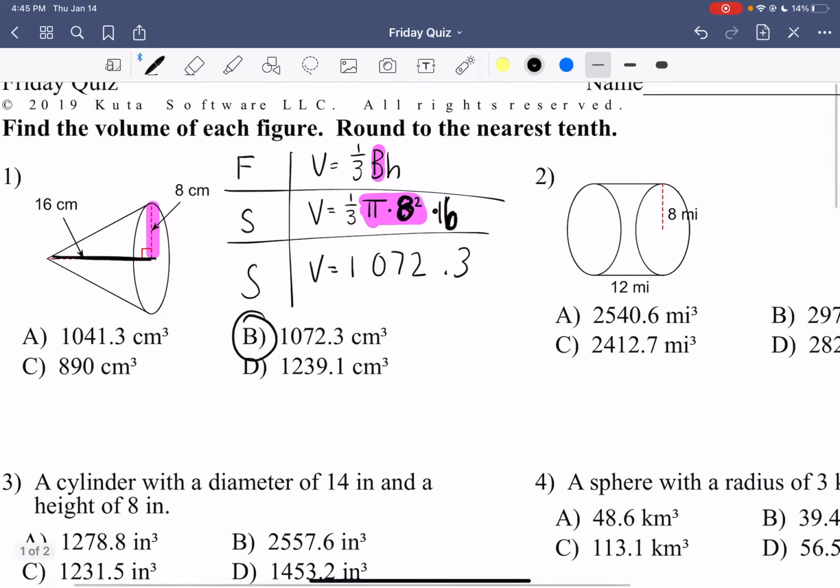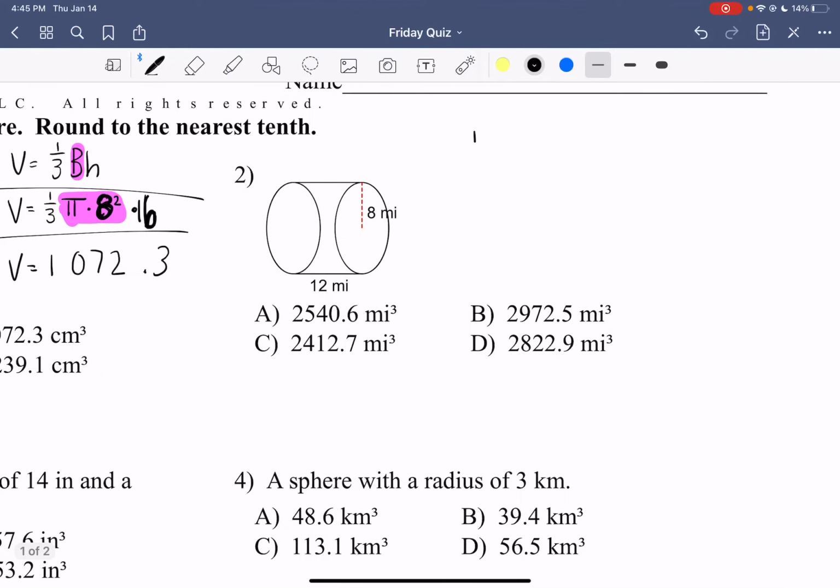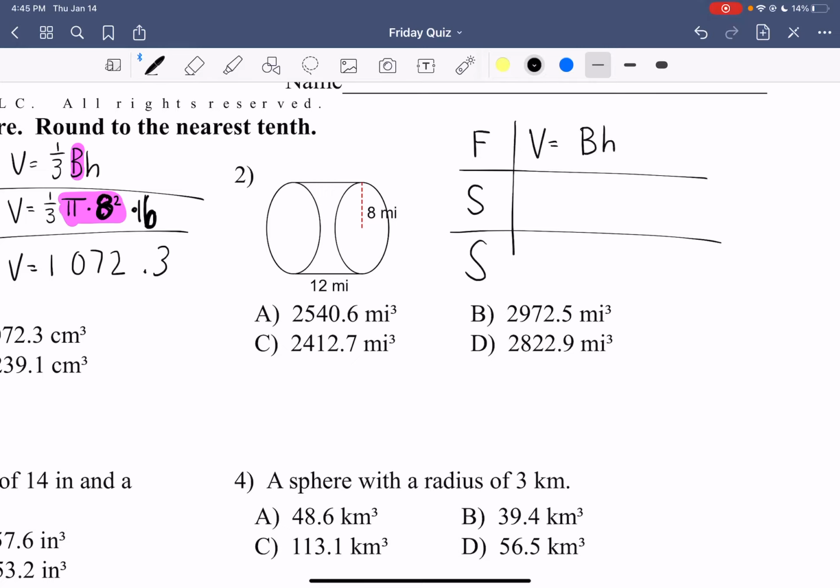Number 2, we have a cylinder. So our formula is going to be V equals area of the base times the height, capital B. So if we have the area of our base, so our base is a circle, so that's going to be pi times radius squared.